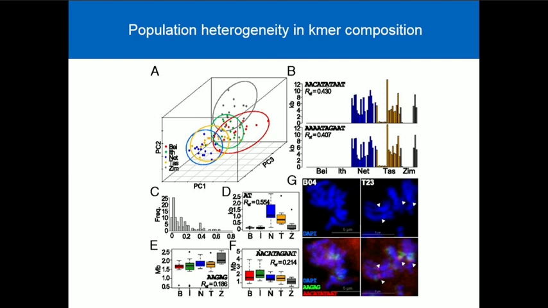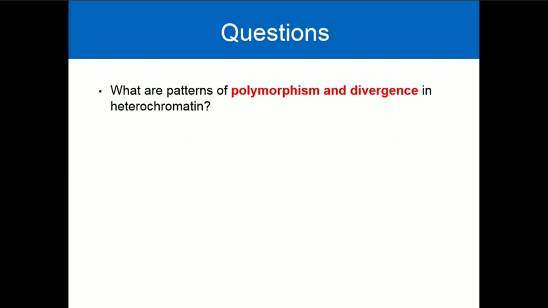Not many, but several of the K-mers are essentially absent in some populations and relatively abundant in others. So this process of taking off and expanding in some populations and not others seems to be ongoing on a fairly short time scale. And if you do fluorescence in situ, you can see that these things do tend to associate with the centromeres for the most part in flies.